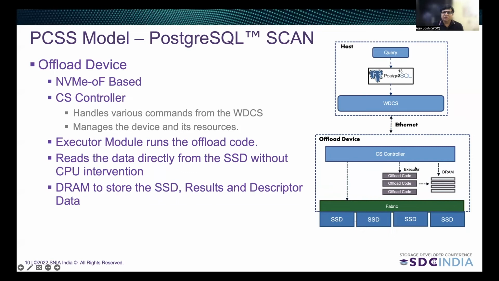It has an executor module, which actually runs the offload code that the WDCS plugin passes in. It also has DRAM, where the data from the SSD, the results, and the descriptor data itself are stored. It also has a mechanism to read data from the SSD directly into the DRAM without CPU intervention.